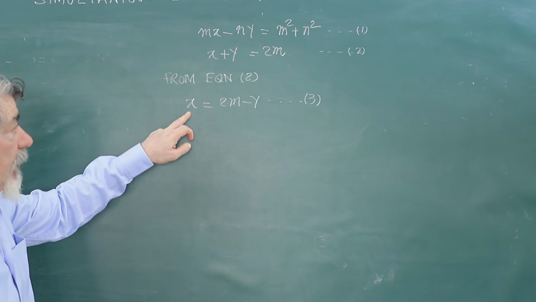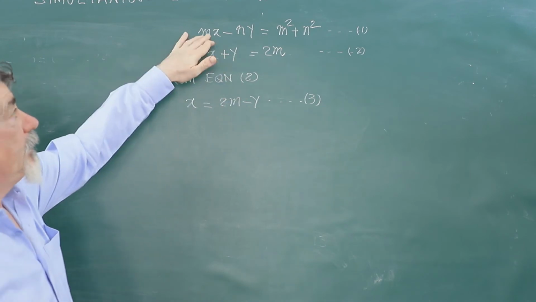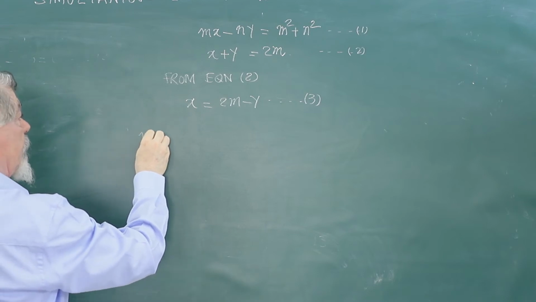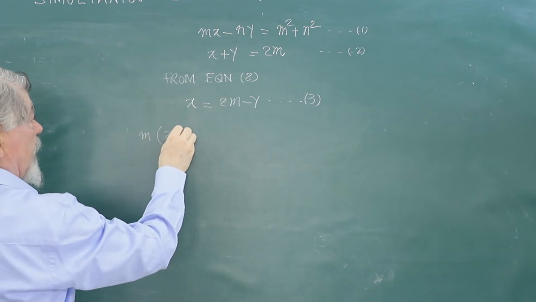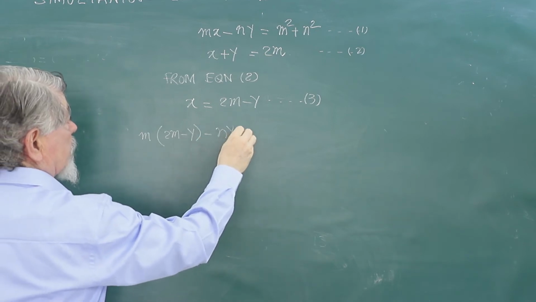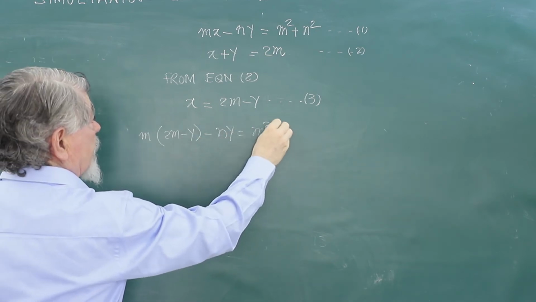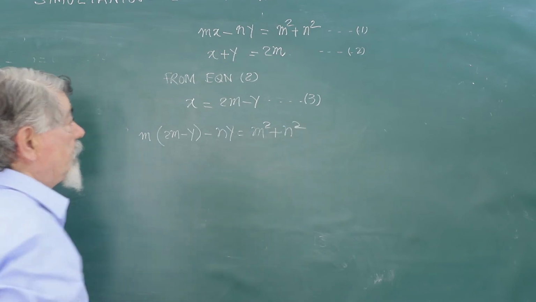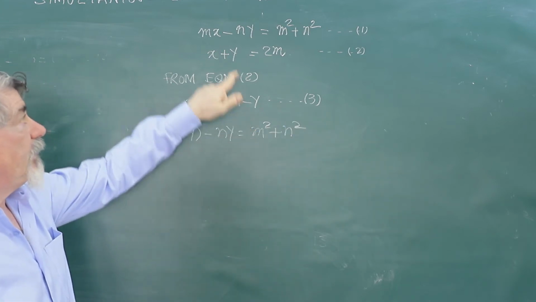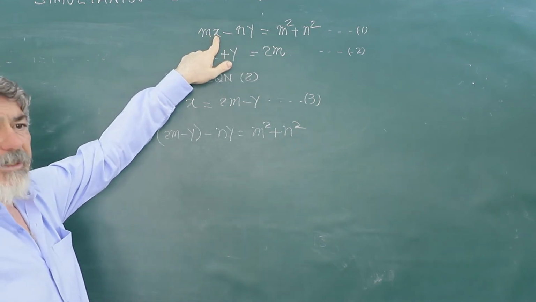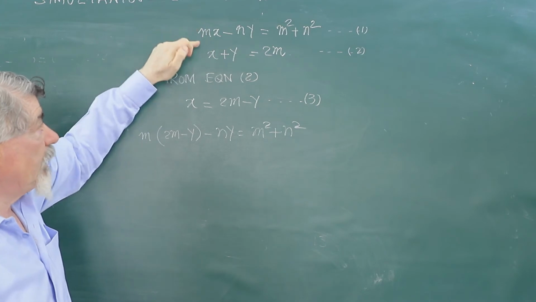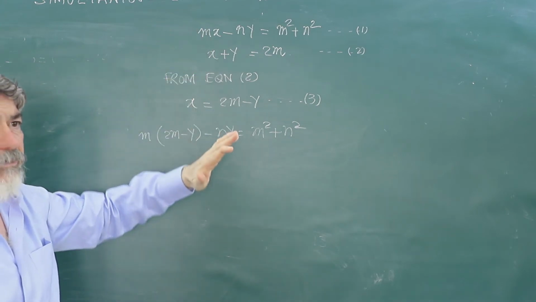Now let me put the value of x in terms of y in the first equation. So the first equation is m into x, that is 2m minus y, minus ny is equal to m square plus n square. It doesn't matter whether I take the value of x or y from the first equation or the second equation.